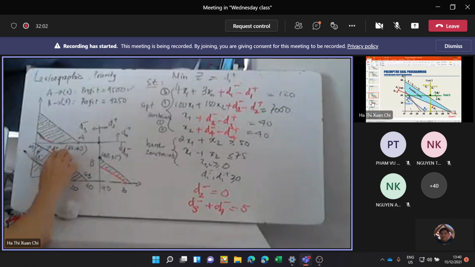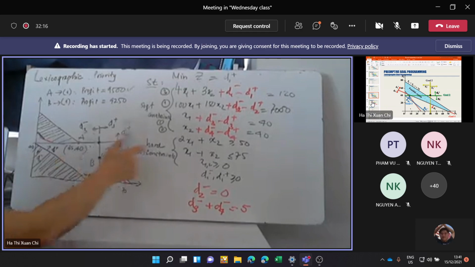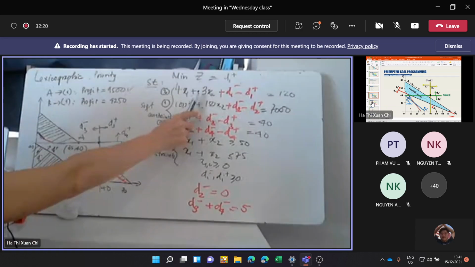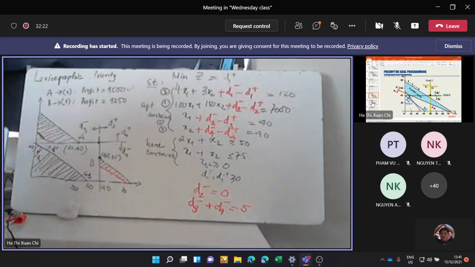Minimize this one. If you take that size, we don't have any feasible region intersecting with this part. So no solution. It means that if you have goal 3, no more than 120, we cannot find a solution.